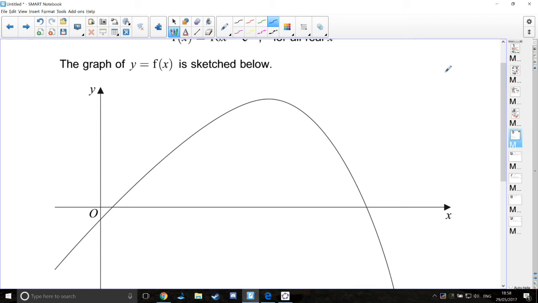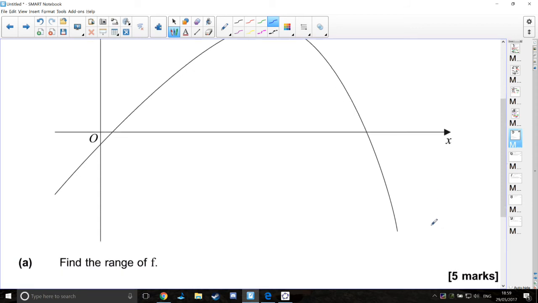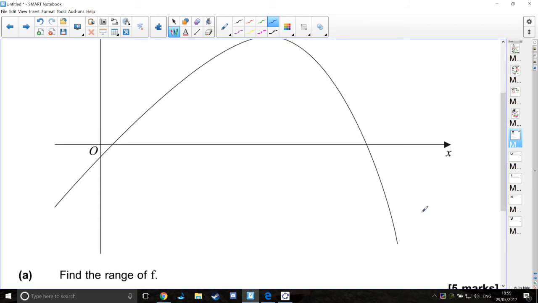And we need to write an inequality describing that. From what I can see, this is just going to keep getting lower and lower. This is also going to keep getting lower and lower, a bit faster than this one over here. But it doesn't seem to be bounded below. It just keeps going lower and lower and lower. So that means the lower bound is going to be negative infinity.